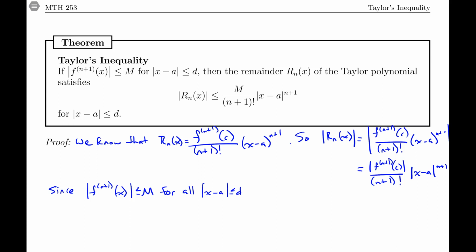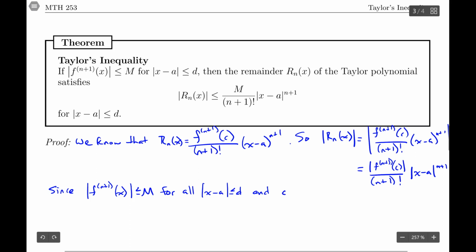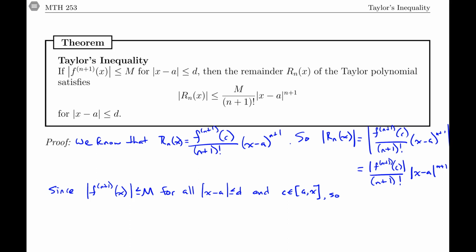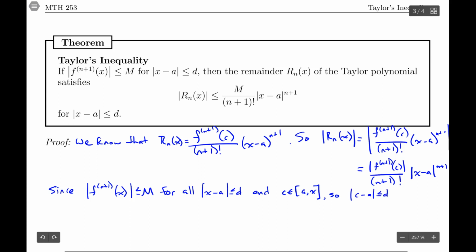Since this is true, and c is a value between a and x, this means that c is actually in this interval, so the absolute value of c minus a is less than or equal to d.